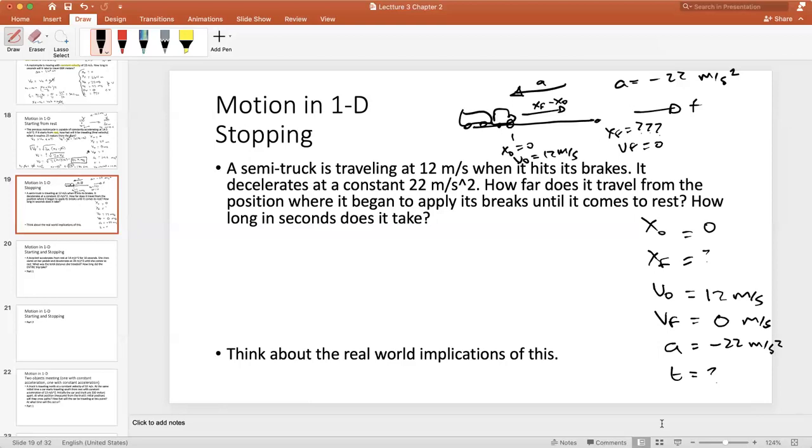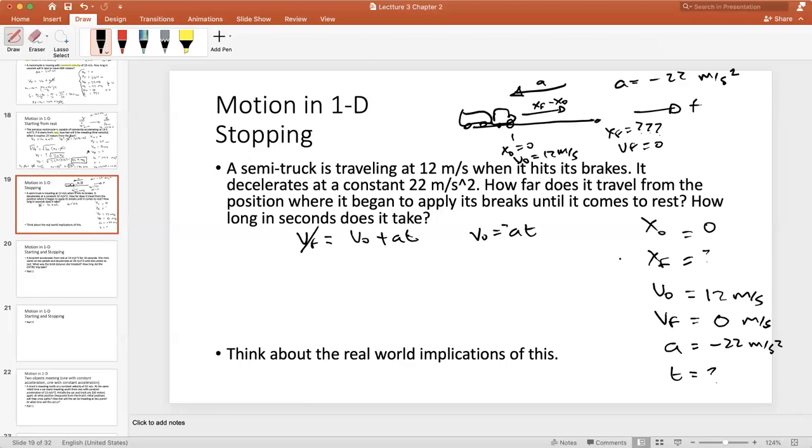So we have a lot of different things that we can do to solve for this. I'm going to solve for time first because the simplest equation we have is this one. And we can solve this one for time really easily because that is 0. So what we get is v initial is negative a t, but a is negative.